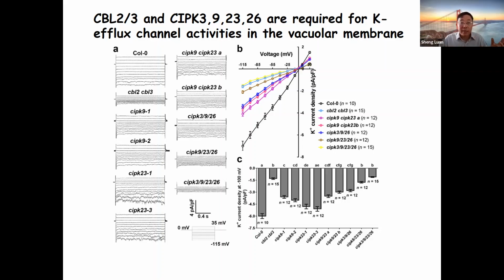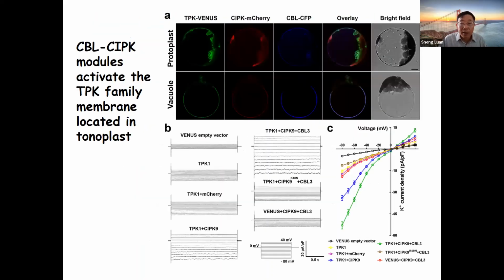Okay, so genetically, this CBL, CIPK, TPK-mediated potassium efflux seems to be really in the same pathway, right? Now, can we go one step further to reconstitute this pathway? So we did.